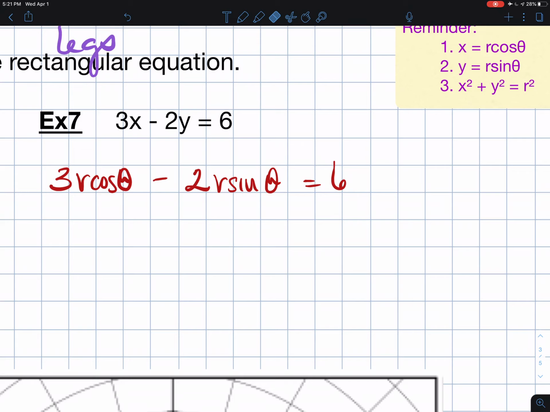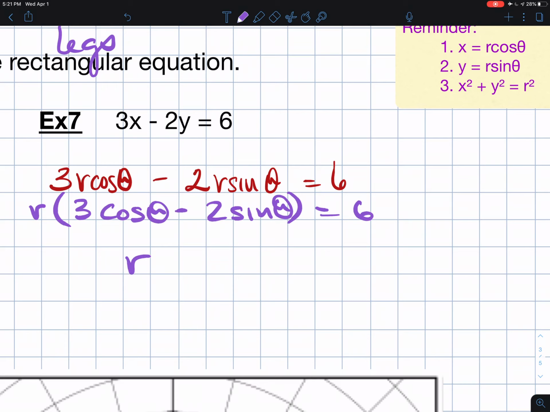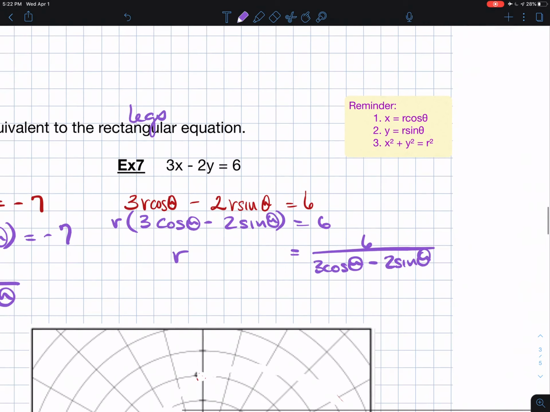But if you're asked to solve for r, pull out the GCF. You'll have 3 cosine theta minus 2 sine theta equals 6. And then you can divide on both sides, isolating the r. So that'll be r is equal to 6 divided by 3 cosine theta minus 2 sine theta, if you're asked to isolate the r.